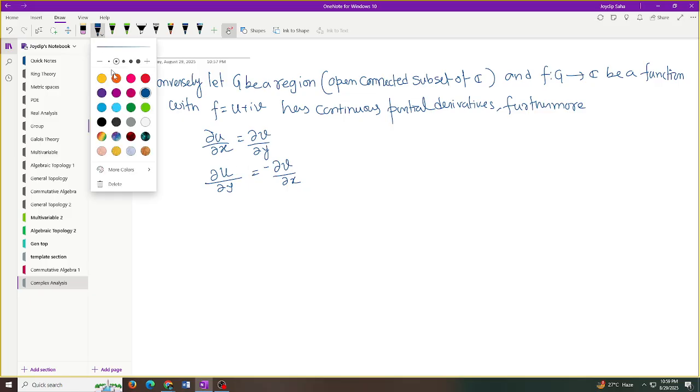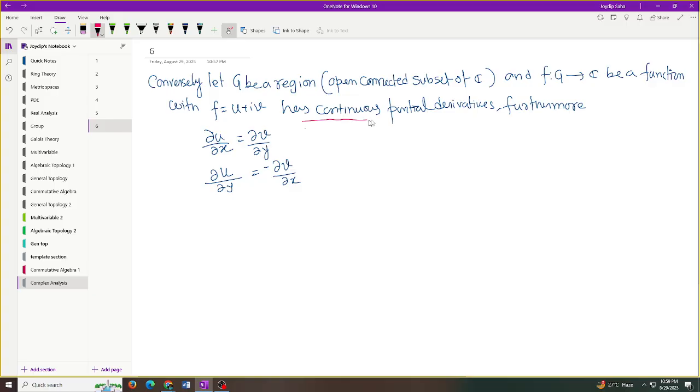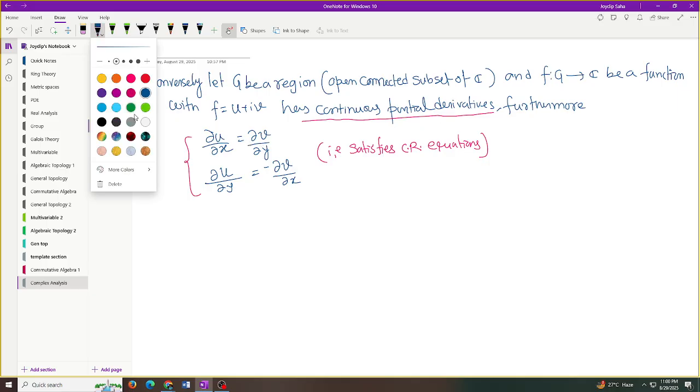So these are the two conditions: continuous partial derivatives, and the Cauchy-Riemann equations. That means if the Cauchy-Riemann equations hold, we claim that f is analytic on G.